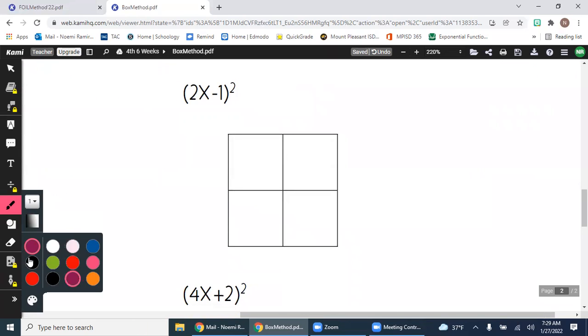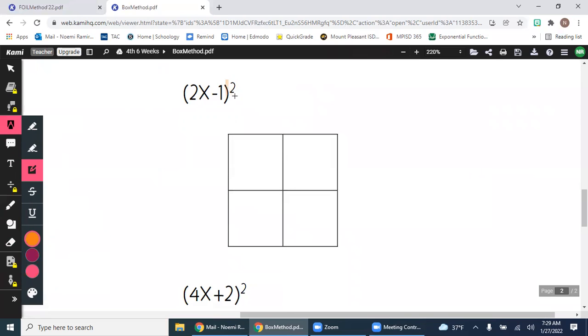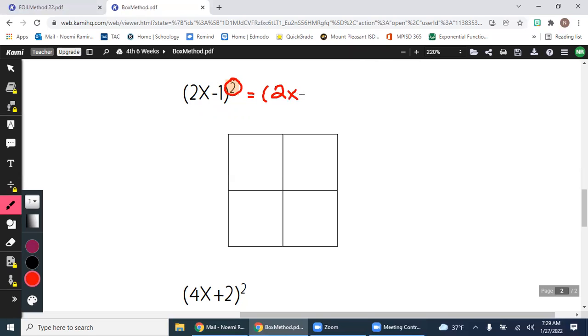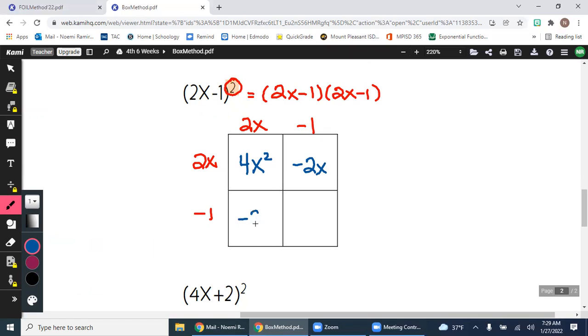Now, here we don't actually have a binomial, but notice how it does have this little squared right there. What this is indicating here is that they want us to multiply the same thing twice. So you could write it out, 2x minus 1 times 2x minus 1. 2x times 2x, 2 times 2 is 4, x times x, x squared. 2x times -1, -2x. 2x times -1, -2x.